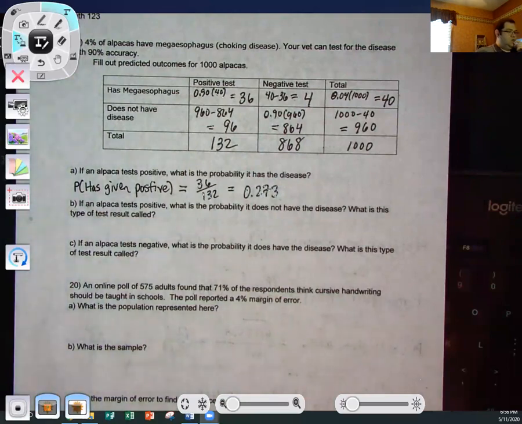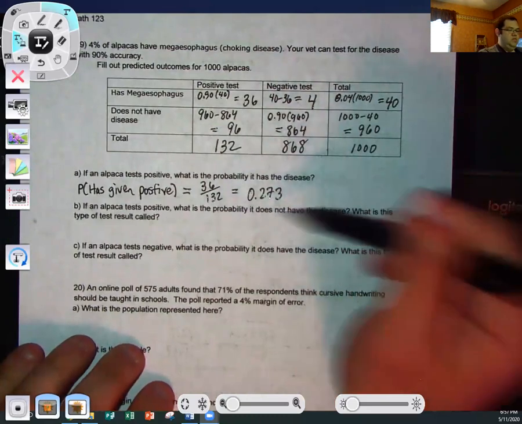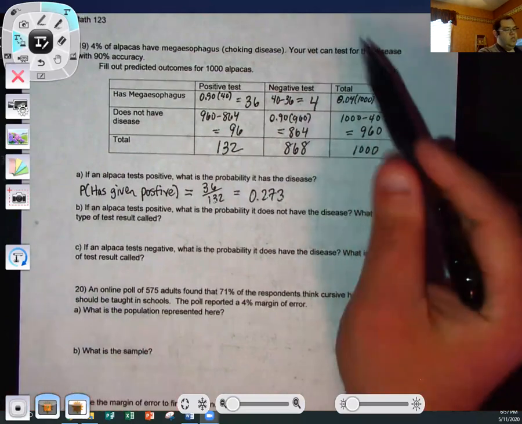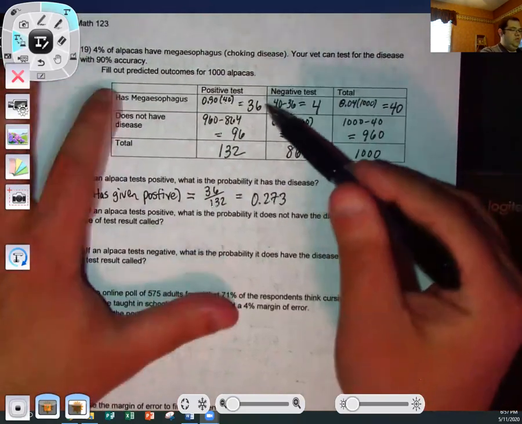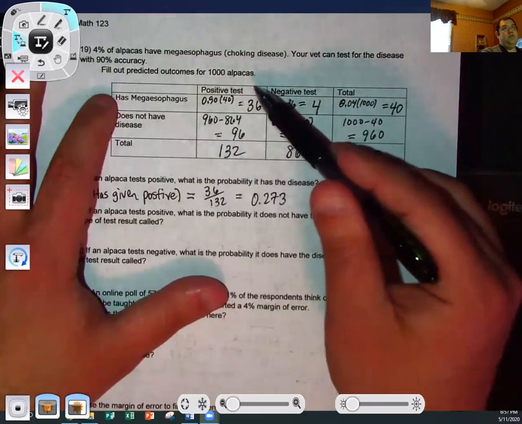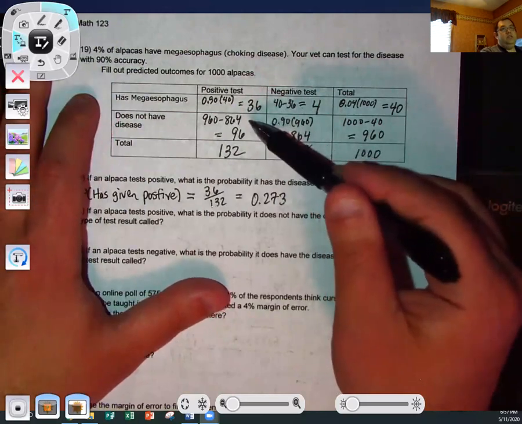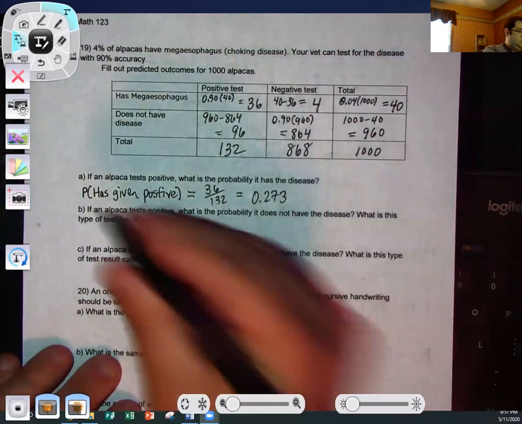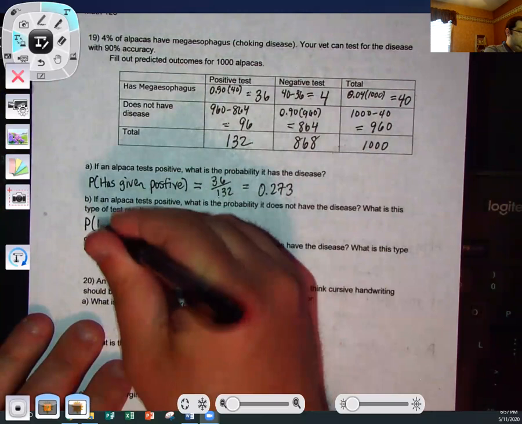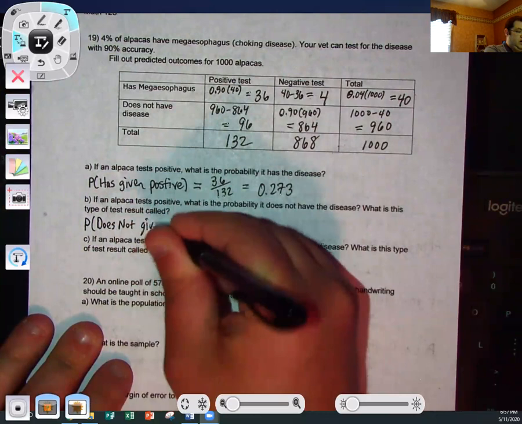Okay. So now, if an alpaca tests positive, what is the probability it does not have the disease? What is this type of result called? Okay. So we know that the probability of having the disease is 0.273. We get that from up here. So we could calculate does not have the disease. We can do that one of 2 ways. We could find the probability of does not given positive.